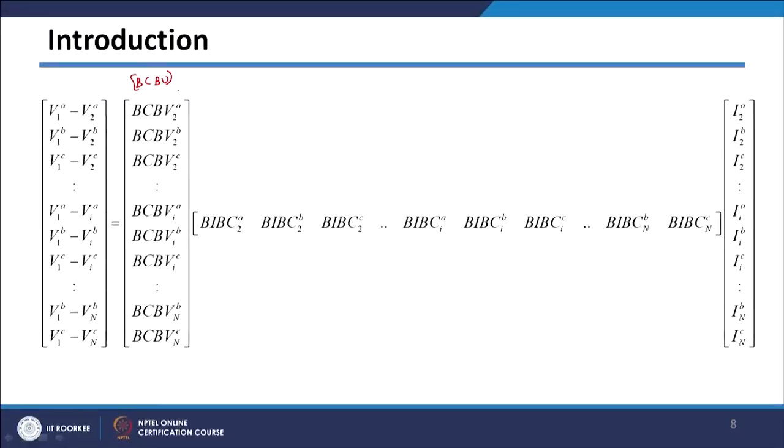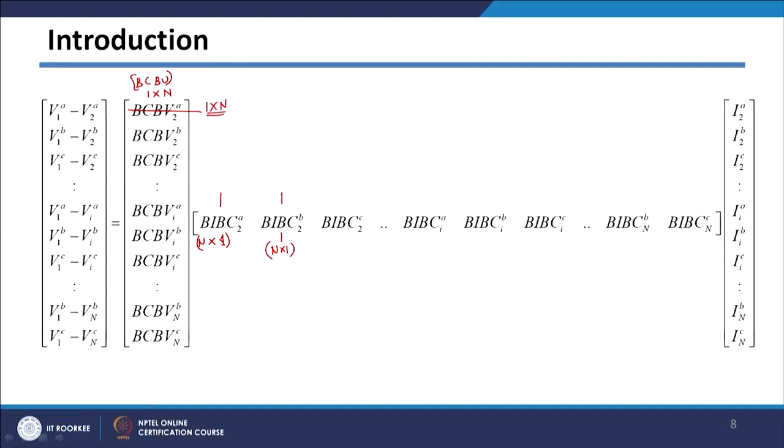The size of the row will be, if there are n unknown nodes, 1 by n, and this will be n by 1. So, each column of BIBC will be of size n by 1, and each row of the BCBV matrix will be of size 1 by n.